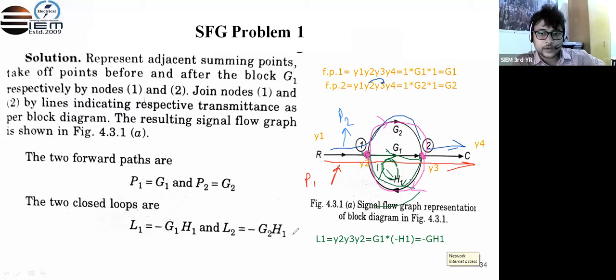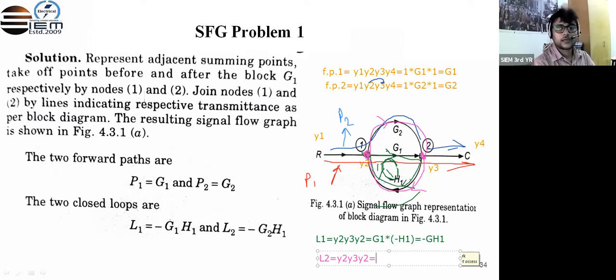Now you see here. So in the next case, that is L2 equals y2, y3, y2.